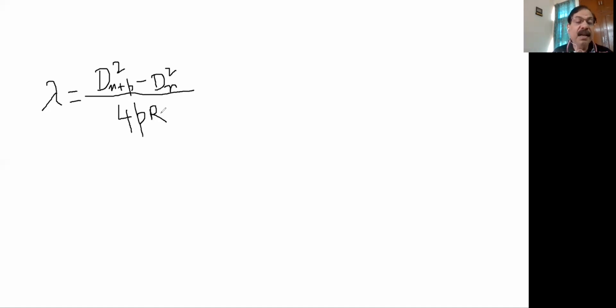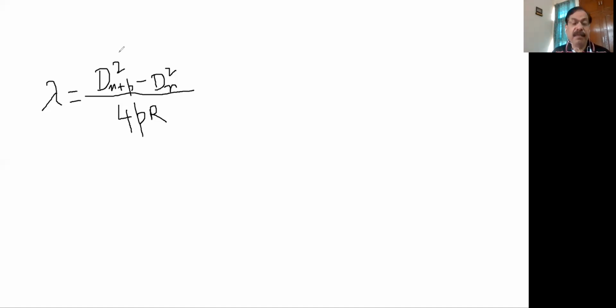Square the value of each diameter and then take the difference of these squared values, with some common interval of ring number, that is p. I used p is equal to 5 here, of these bright rings. Now take the mean of all such values to finally have the value of D n plus p square minus D n square.